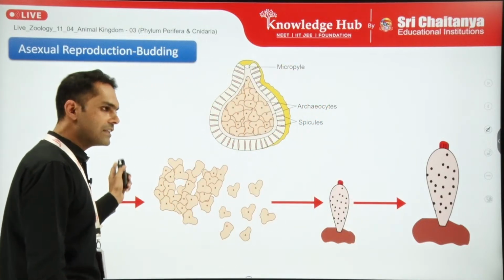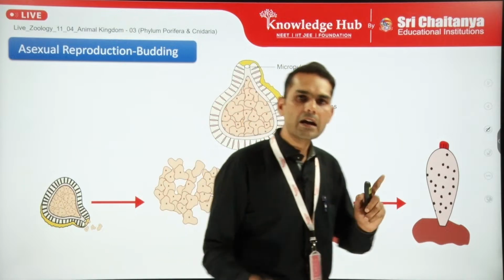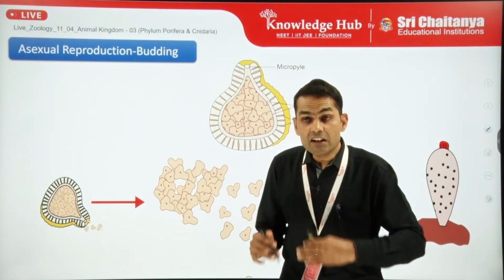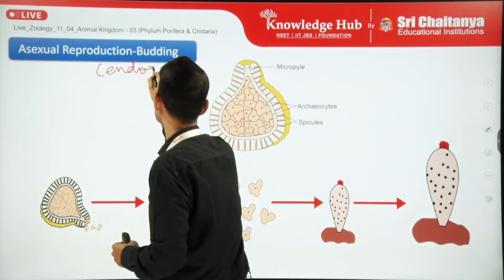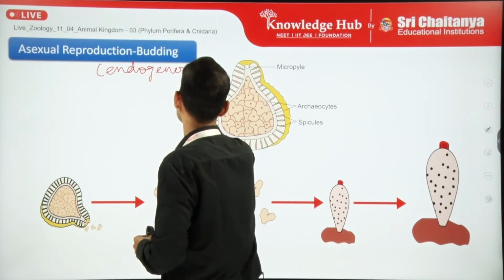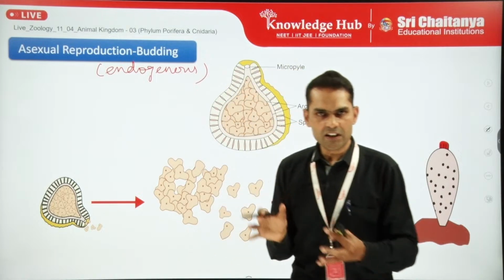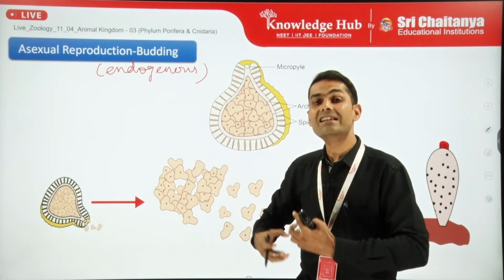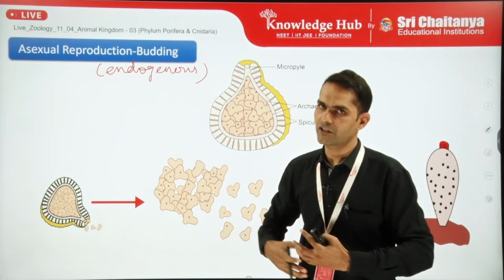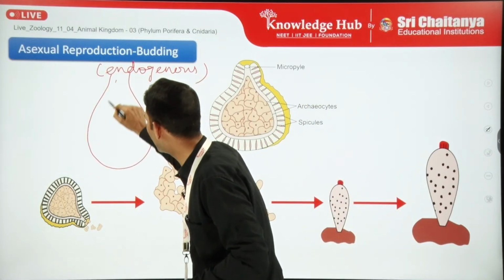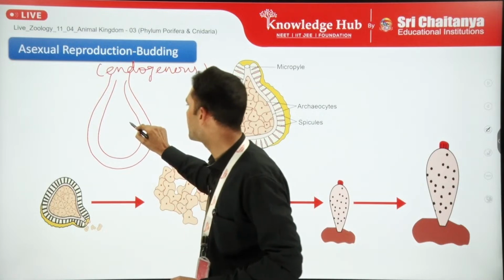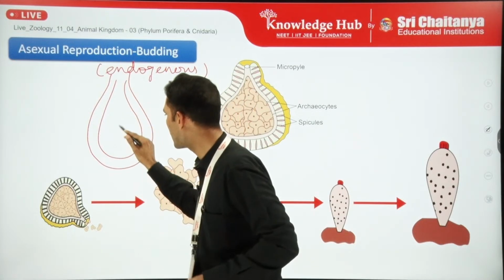Now, the other budding method is the internal budding or the endogenous budding method. So I will write it down as endogenous budding method. Endogenous budding occurs towards the paragastric cavity or the spongocoel. So if I draw the diagram with two layers, this is the paragastric cavity or spongocoel.